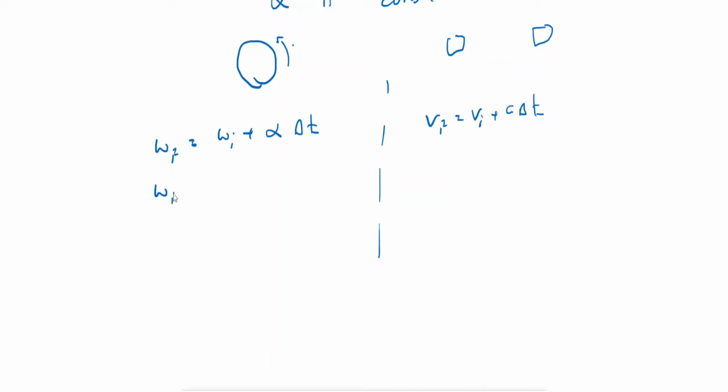So you can guess by now that I can then do omega final squared equals omega initial squared plus 2 alpha delta theta. This is the same as vf squared equals vi squared plus 2a delta s. If it's in the x, it's going to be delta x. If it's in the y, it's going to be delta y.